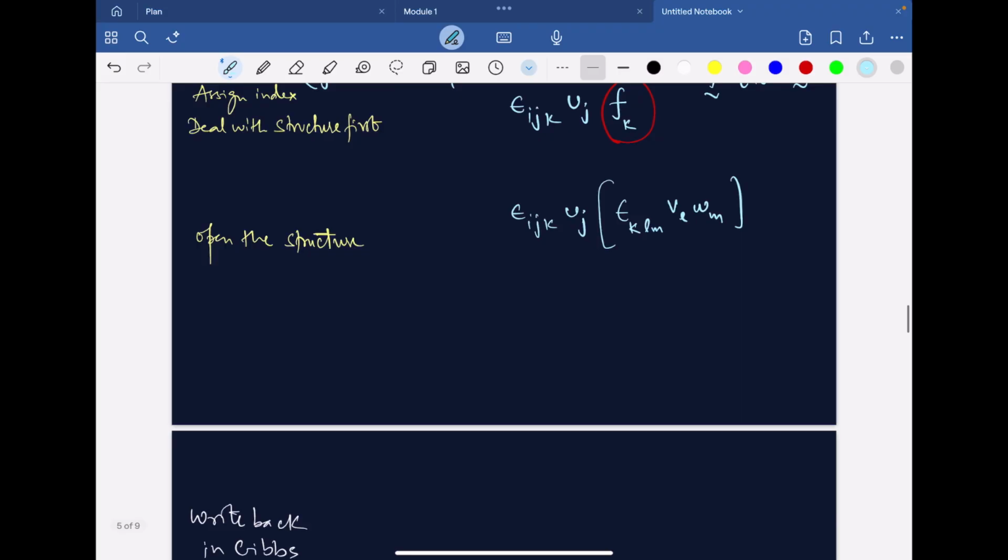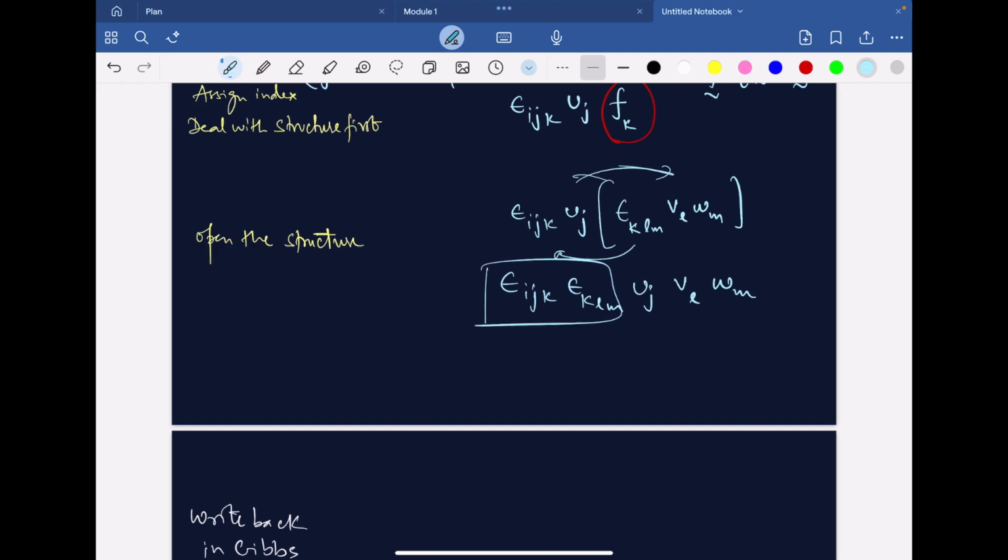Now what you can do is write it more casually: i, j, k, k, l, m. The order in which you write things inside the Einstein notation doesn't matter. u_j, v_l, w_m.